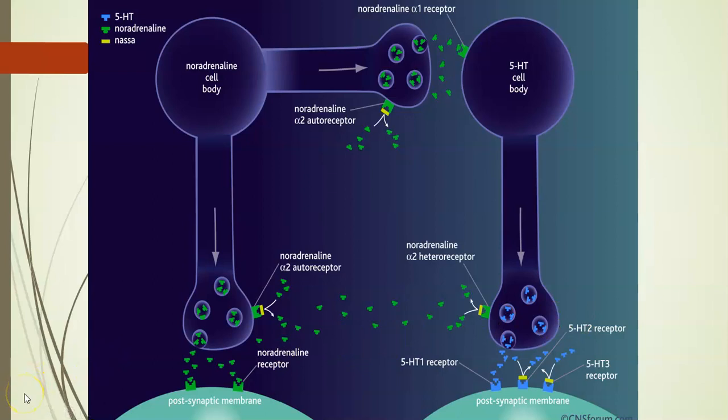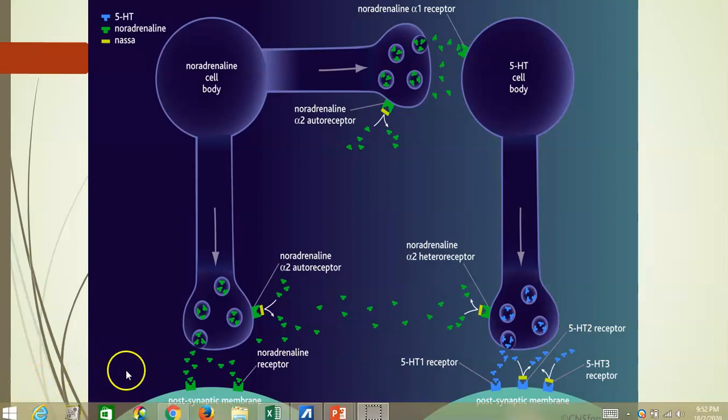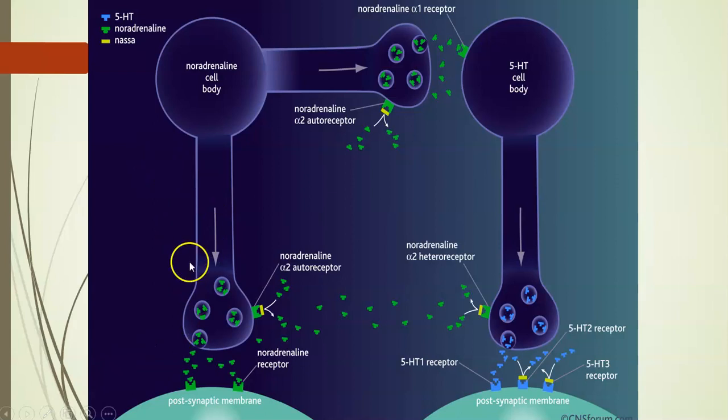So if you look at this diagram, it shows a noradrenaline neuron and also a serotonergic neuron. This is an example of an alpha-2 autoreceptor, and this is an example of an alpha-2 heteroreceptor, right?